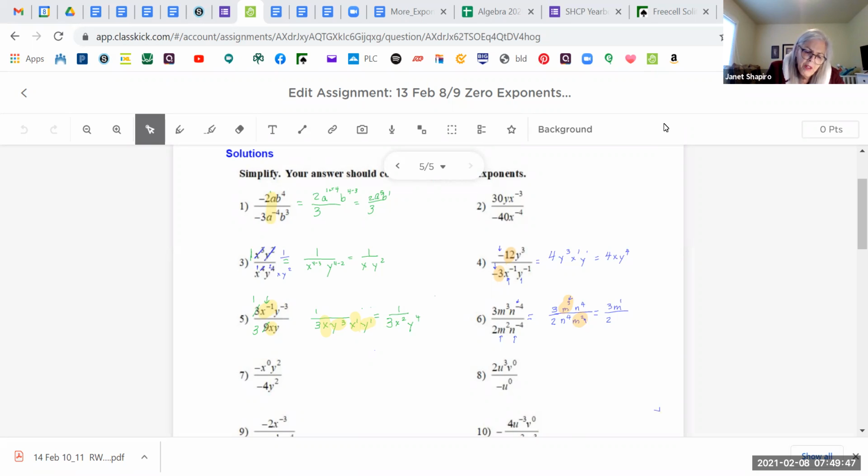When I subtract those, I get n to the 0, which is just 1. So I do not need to write that. So my answer is 3m over 2. Again, I'll leave that n to the 0 there, and I just get 3m over 2 because n to the 0 is 1. So I'm just multiplying by 1.